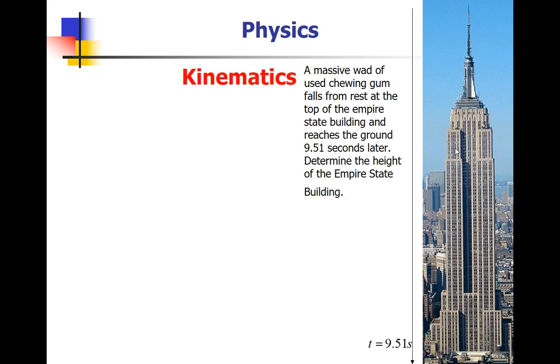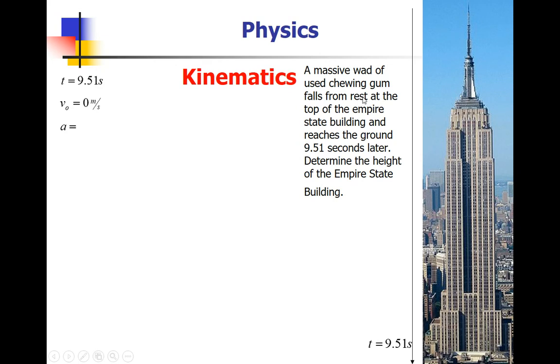Read it, diagrammed it. Next thing I do is correct the givens. T is 9.51 seconds, and the initial velocity is 0. That's going to help. The acceleration is, wait a minute, it doesn't tell me the acceleration. It just tells me a time and an initial velocity, rest.